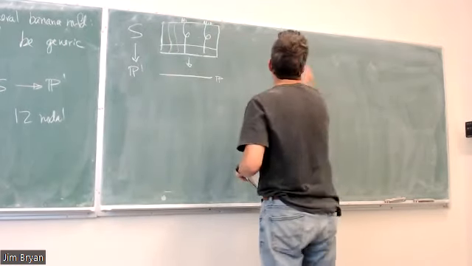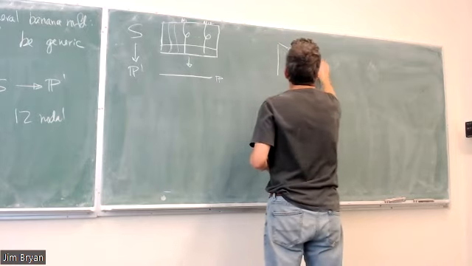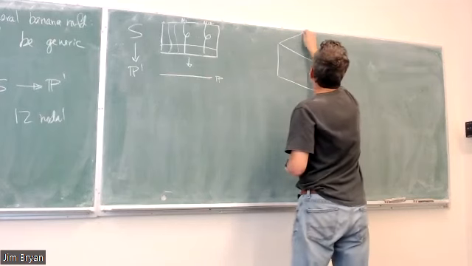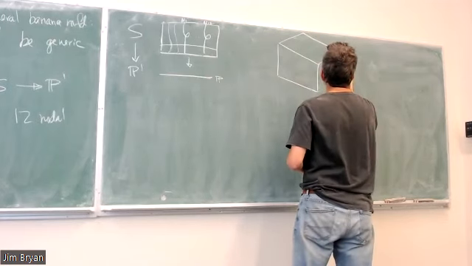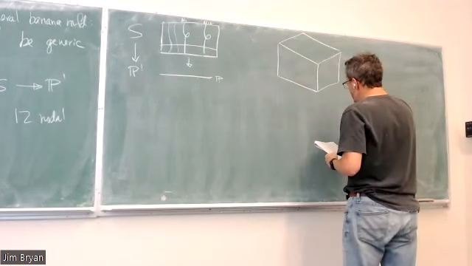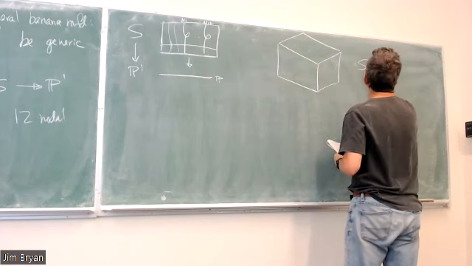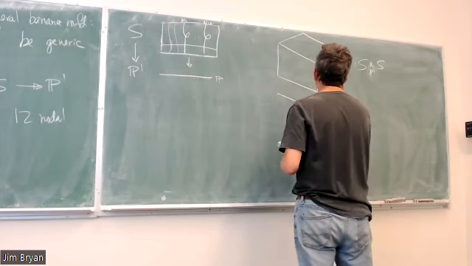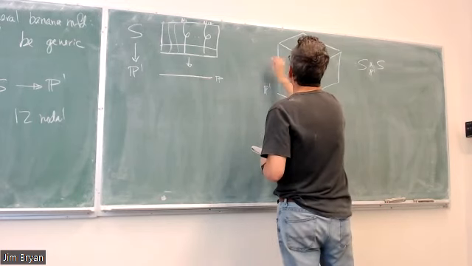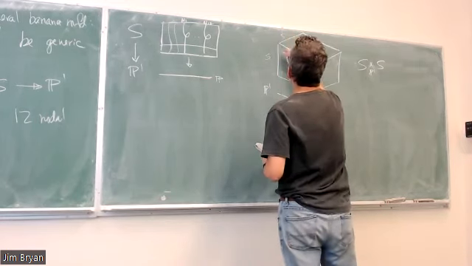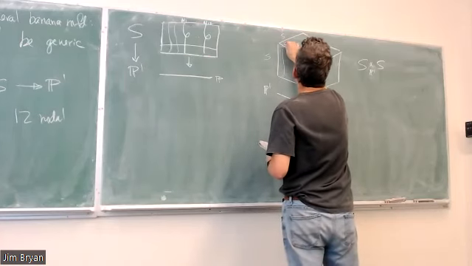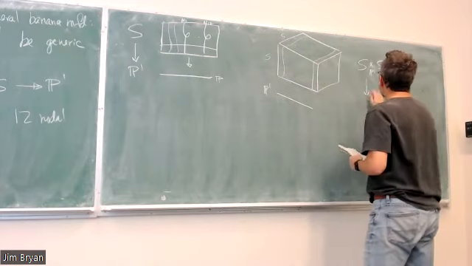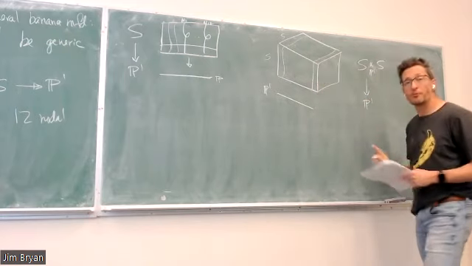And now I can take a fiber product of S with itself over the P1. Okay, so let's do S cross over P1 with S. So here's my P1, here's S, here's another copy of S. So, you know, generically, the fiber of this is now a threefold.